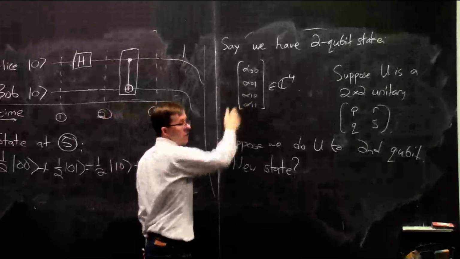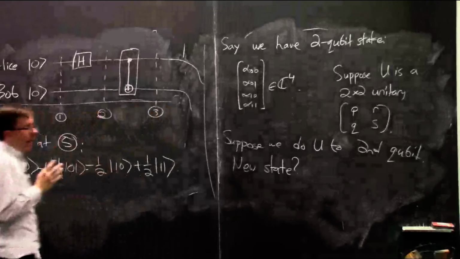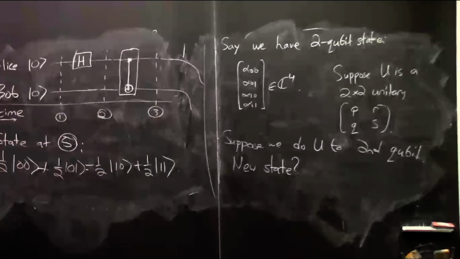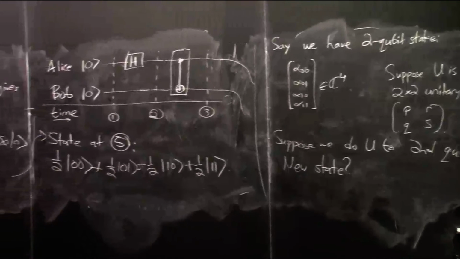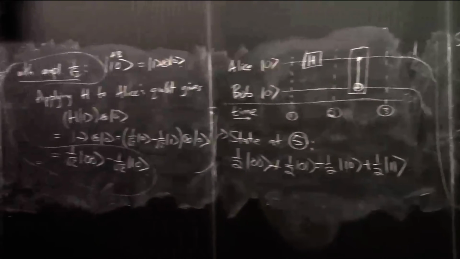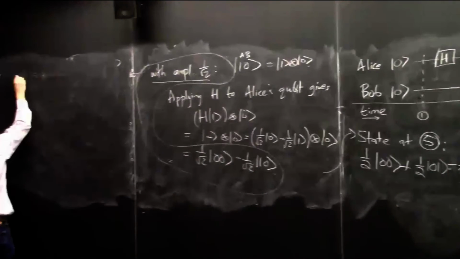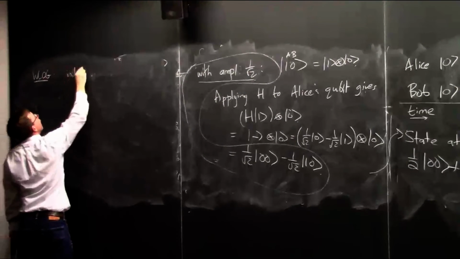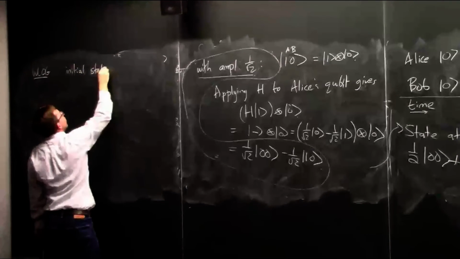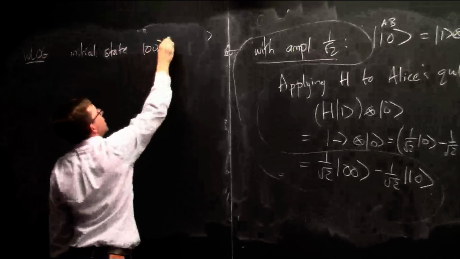Now this is very annoying. There are 4 different amplitudes here, but I can assume, without loss of generality, or I only really need to worry about, the initial state being 0 0, one of the standard basis states.